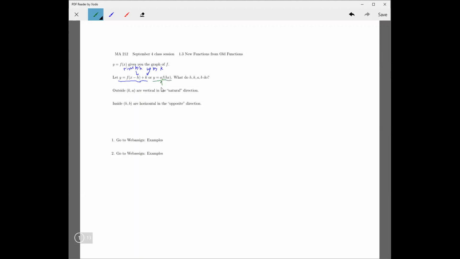Okay, in this situation right here, the a will basically stretch vertically. Okay, so the a is a vertical stretch. If it's negative, then it's going to flip it through the x-axis. Okay, so it's going to be a vertical flip through the x-axis. And this b right here, this will actually shrink it by a factor of b.